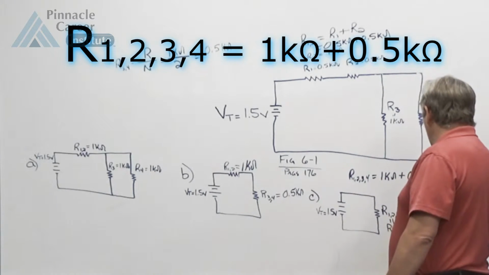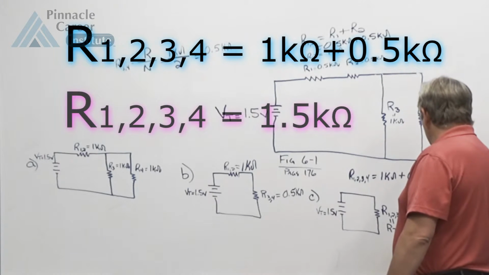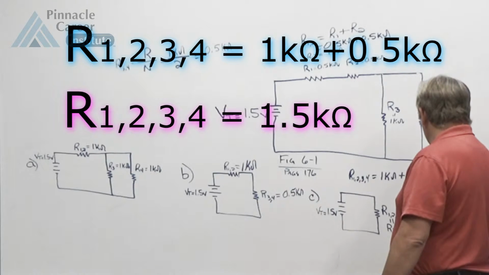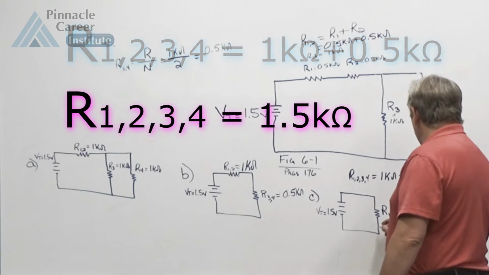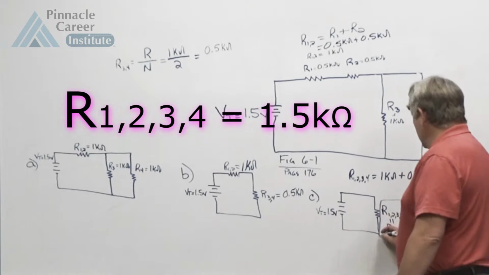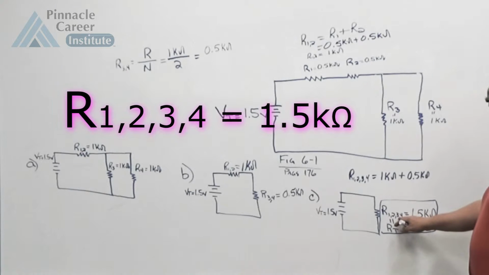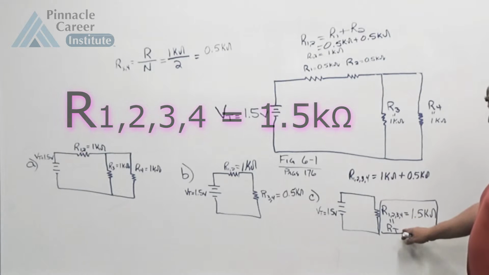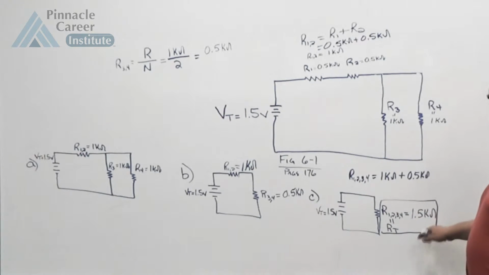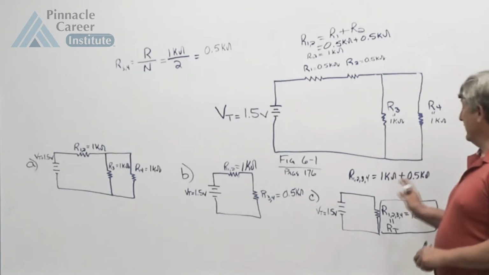And that gives us an R1234 equal to 1.5K ohms, or our total. This is our answer for this, and this is the first step in solving any series parallel circuit, is to combine all the resistances into an equivalent resistance, and 1.5K ohms is the equivalent resistance of this circuit. So that's our first step.